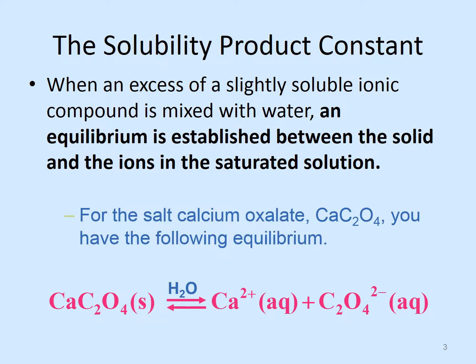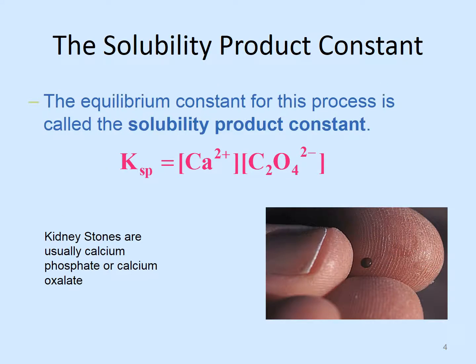And so if you look at calcium oxalate, for example, CaC2O4, here's the equilibrium that gets set up. So it's a solid, doesn't dissolve very well in water. However, a little bit of it will dissolve, and so we get the calcium ion and the oxalate ion. So then we can write an equilibrium expression.